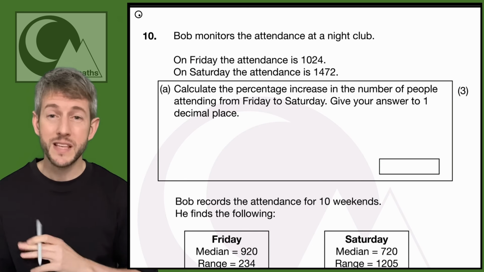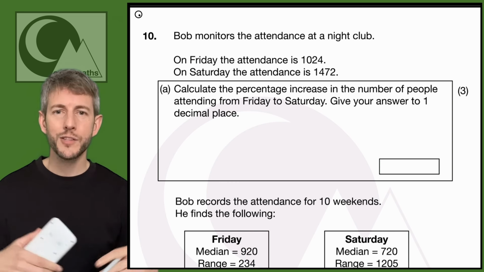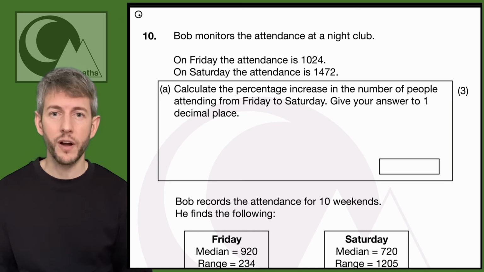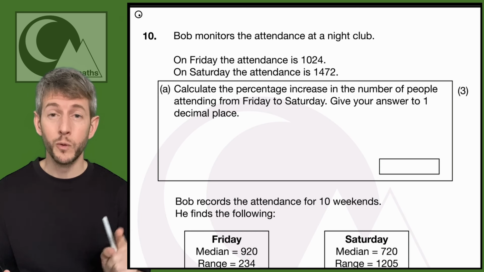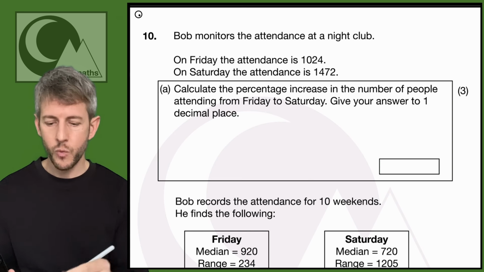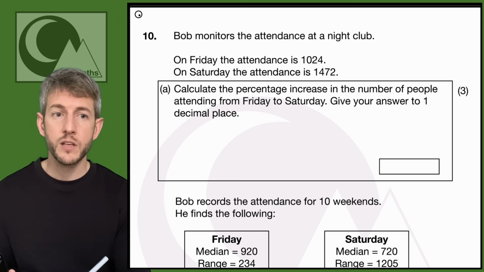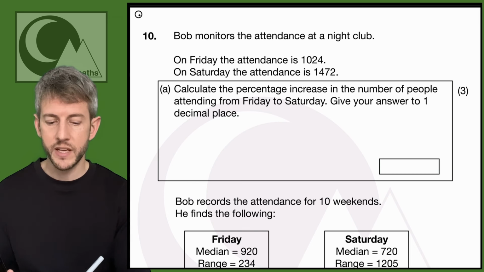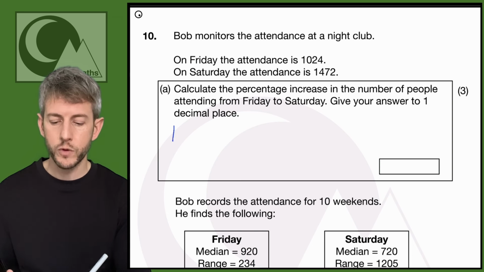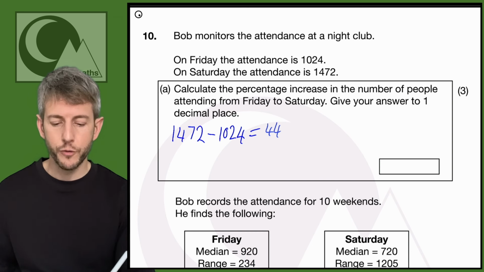Right, okay, percentage increase. So we're going from Friday to Saturday, so the percentage is going to be out of the Friday. First of all, let's work out what the increase is. So we increased from 1,024 to 1,472. So we've got to do 1,472 take away 1,024, and that equals 448.